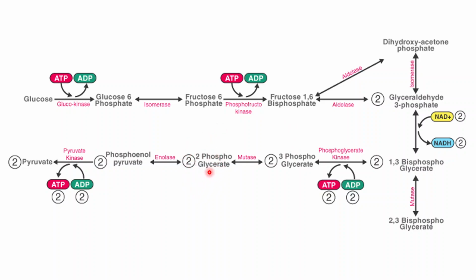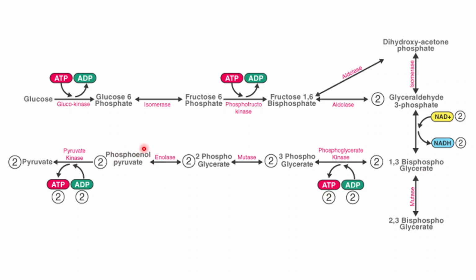Then from 2 phosphoglycerate, phosphoenol pyruvate will be formed by the enzyme enolase. So 2 phosphoglycerate has an OH group, that OH will be removed and a double bond will be added. So remember, like this, the OH is removed to make an ene.